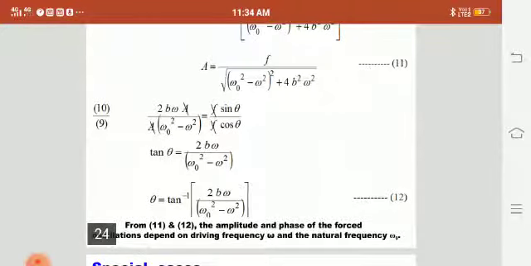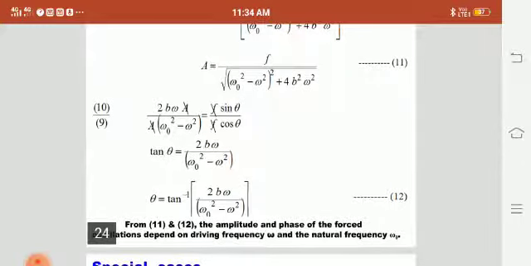So θ is equal to tan inverse of 2bω divided by (ω₀² − ω²). Equations 11 and 12 are the amplitude and phase of forced oscillations, which depend on the driving frequency ω and natural frequency ω₀, where A is the amplitude of the forced oscillation and θ is the phase of the forced oscillation.